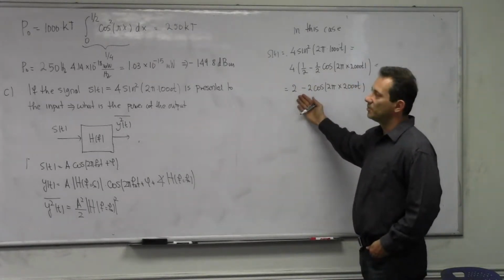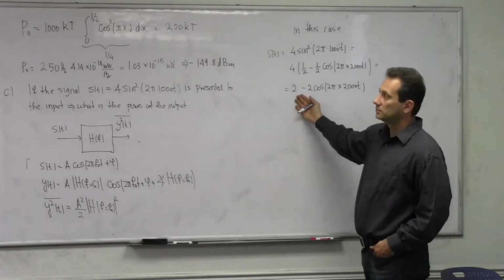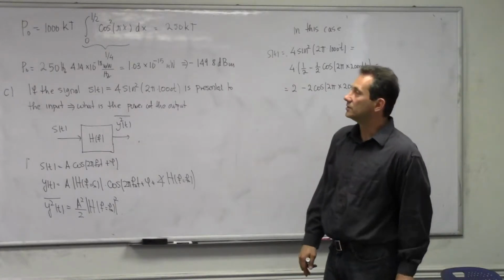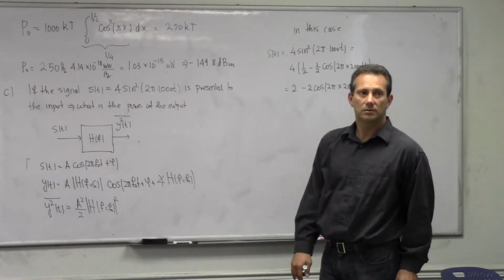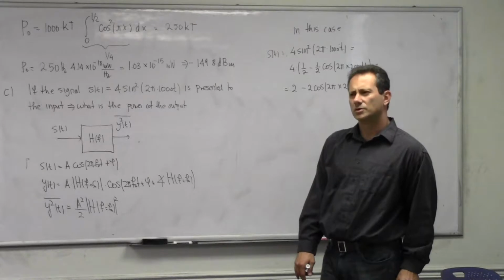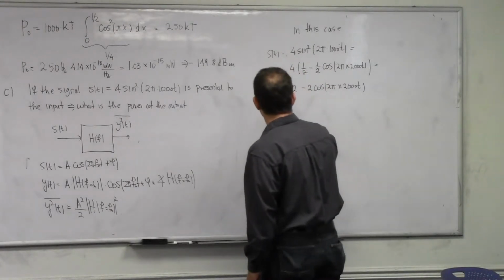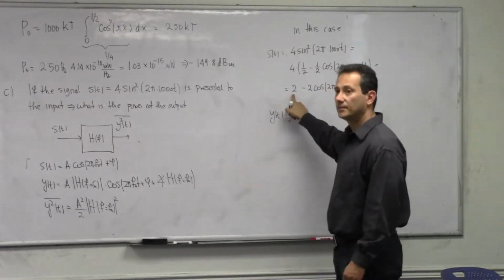What is the response of the filter at f equals 0? Look at it over there. Magnitude response of this filter when f is equal to 0 is what? Cosine of 0. 1, right? So what comes at the output, y of t, is equal to 2 from this component.